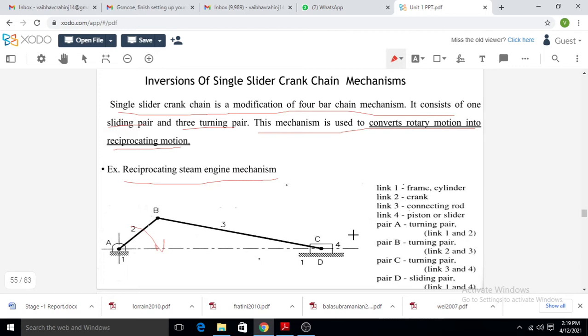As the crank, link 2, rotates, the slider will reciprocate inside the cylinder, and due to this rotary motion is converted into reciprocating motion.